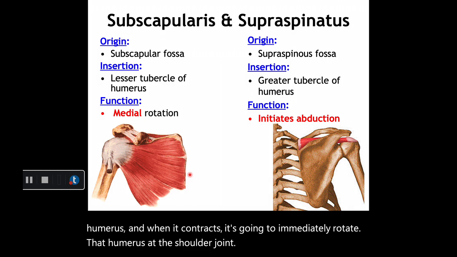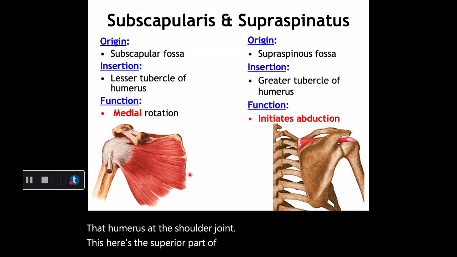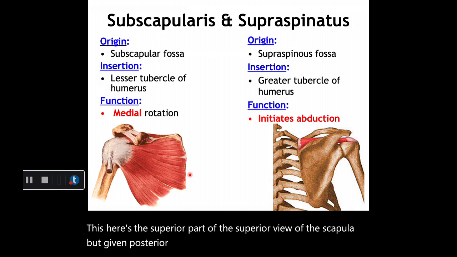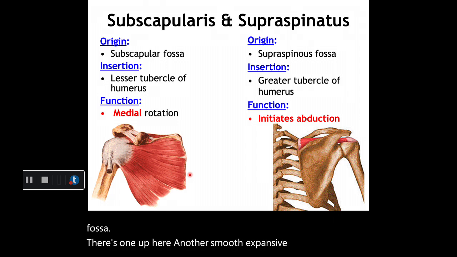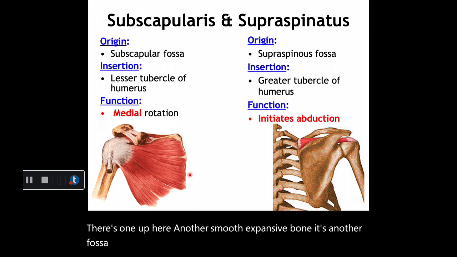So here's the superior part of the scapula, a superior view. But let's give a posterior view. Posterior first, I'm sorry. This one down here, there's a smooth expanse of bone, right? It's a fossa. There's one up here, another smooth expanse of bone. It's another fossa. They're separated by this feature right here called the scapular spine.